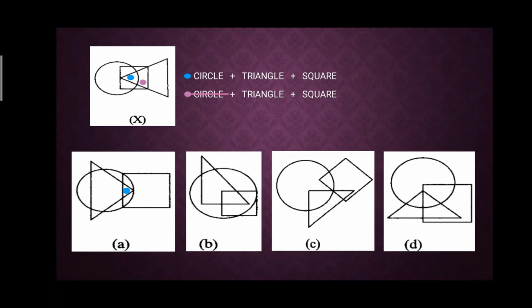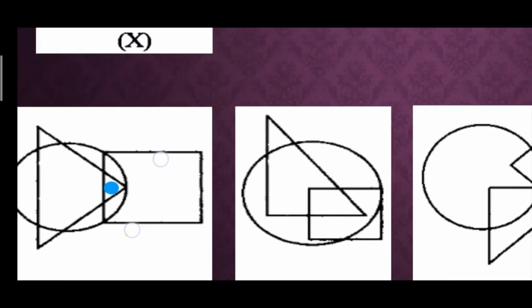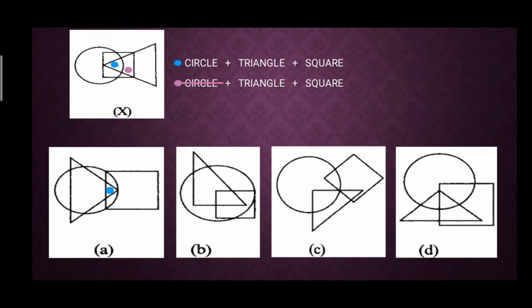Now in option A you can see there is this small area which is enclosed by all the 3 figures, that is the circle, triangle and the square. Now the next shape, again you will be able to find the blue dot very easily. All the 3 figures are there in the blue dot.